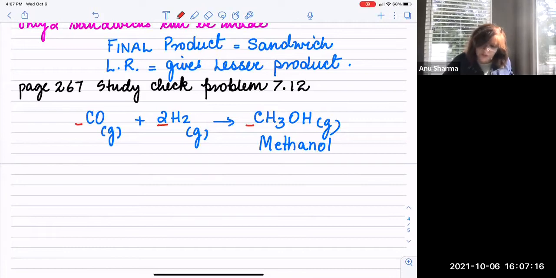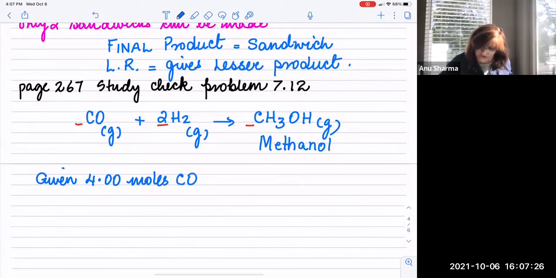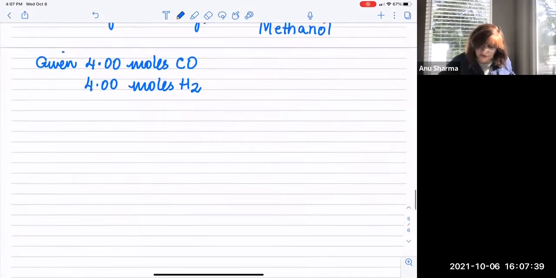Now let's look at the case where the initial mixture of the reactants contains 4.00 moles of carbon monoxide and 4.00 moles of hydrogen. What is the limiting reactant, and how many moles of methanol, CH3OH, can be produced?